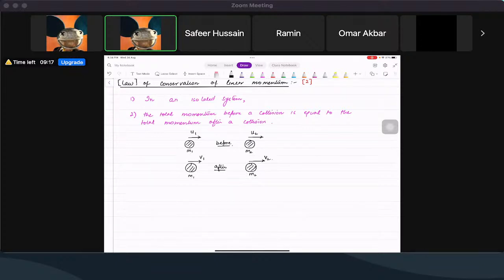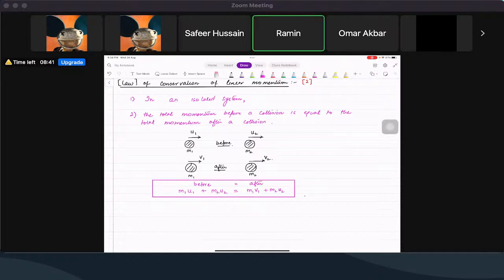Alright? So what the equation tells you is that m1 u1 plus m2 u2 is equivalent to m1 v1 plus m2 u2. So this is the total momentum before, and that is equal to the total momentum after, and this is the general equation you need to remember.